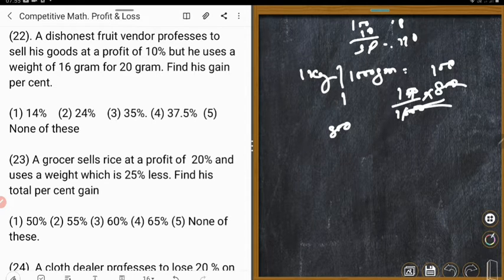How many rupees? Tell me. So 80 rupees. Could you understand?